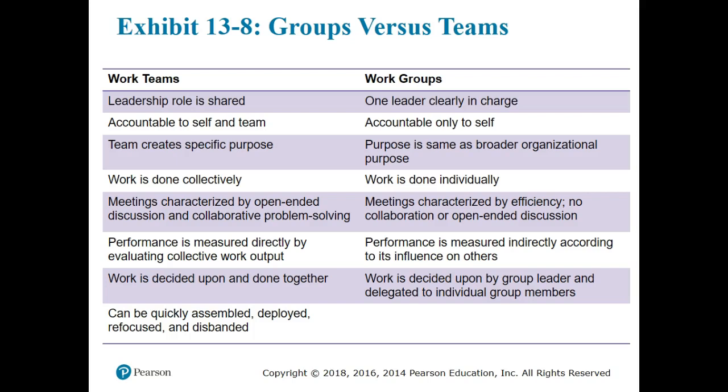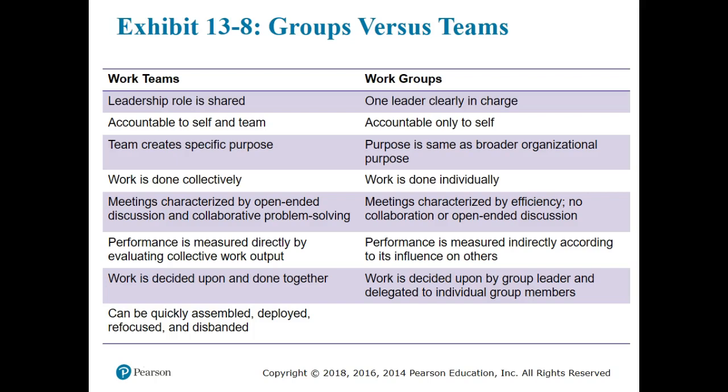Okay, so where a work team would have a leadership role being shared, work groups tend to have one leader clearly in charge. Work teams are accountable to self and the team, where in work groups you're essentially only accountable to yourself. The team creates a specific purpose, where for the group, the purpose is the same as the broader organizational purpose.